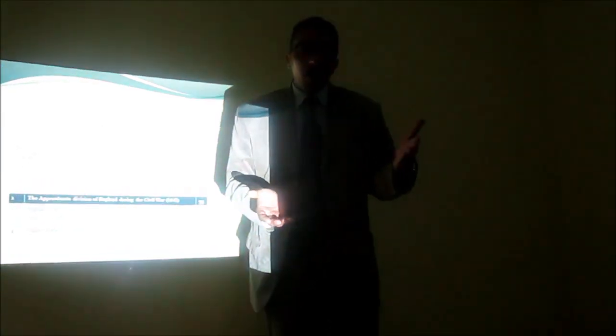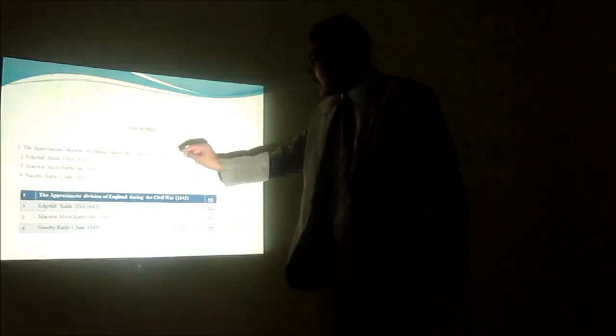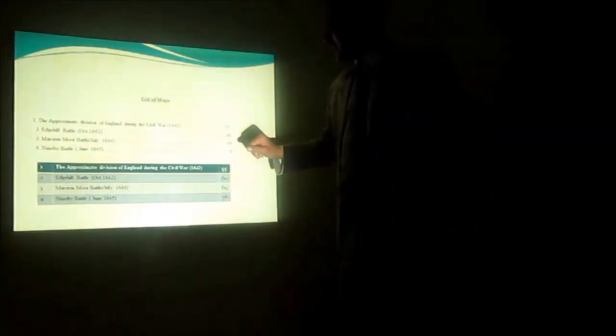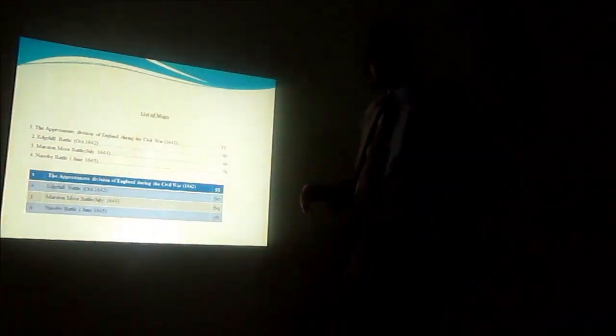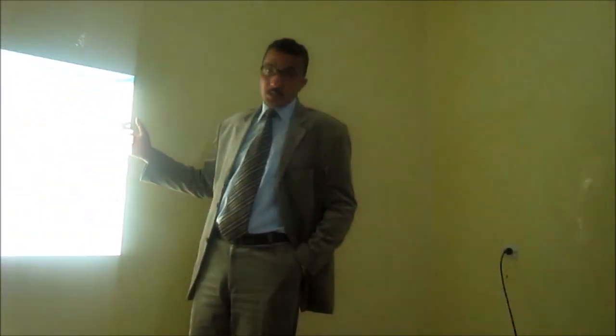List of maps. If you have used maps in your research paper, you have to indicate in the outline before what maps you have used. So we just need to mention the title of the map, as we see, the approximate division of England during the Civil War. A short phrase.